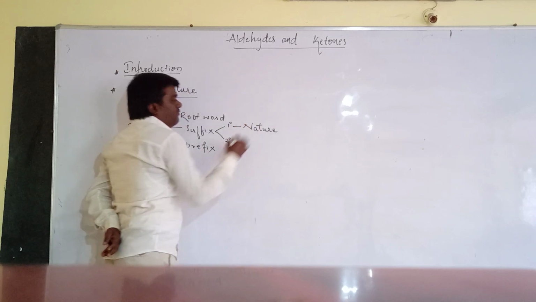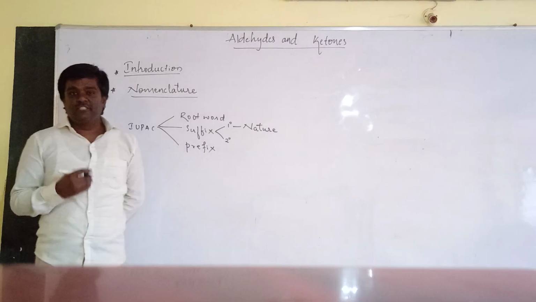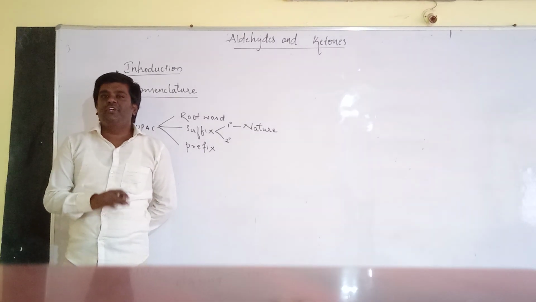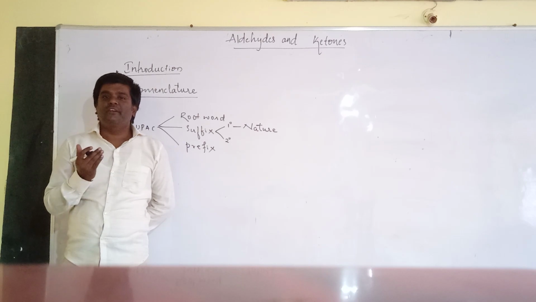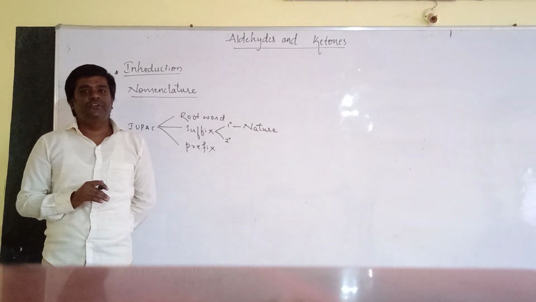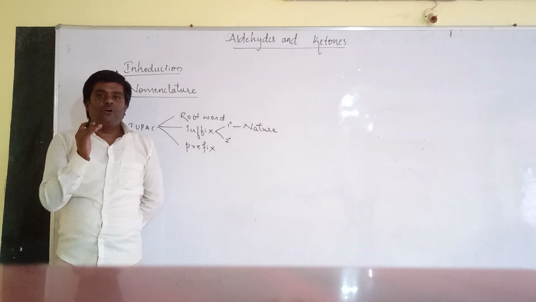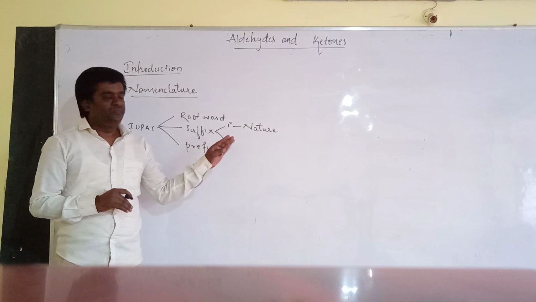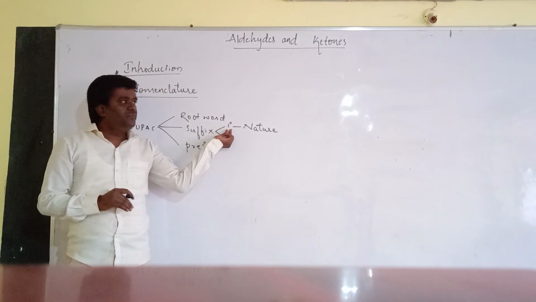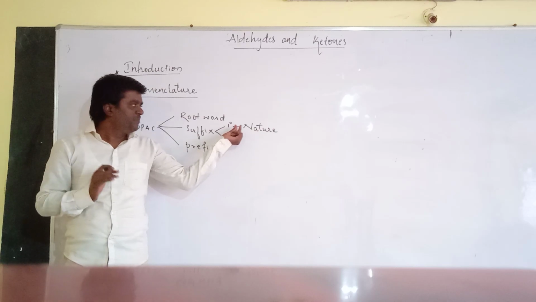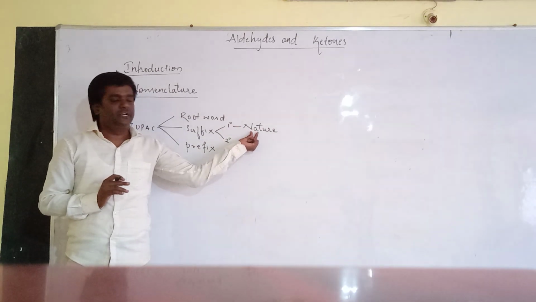Nature means whether the organic compound is saturated or unsaturated. Compounds with double bonds or triple bonds are known as unsaturated, and compounds containing only single bonds are known as saturated. That means the primary suffix indicates the saturated or unsaturated nature of an organic compound.